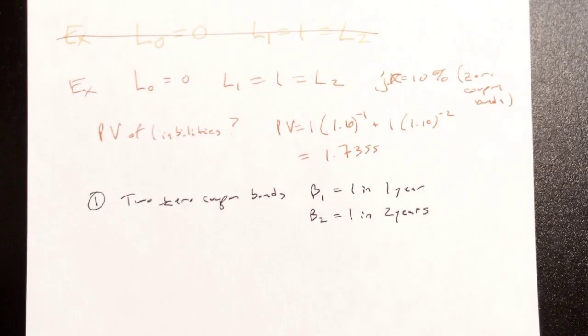I buy a 0 coupon bond worth 1 in 2 years. What's the present value of these 0 coupon bonds?